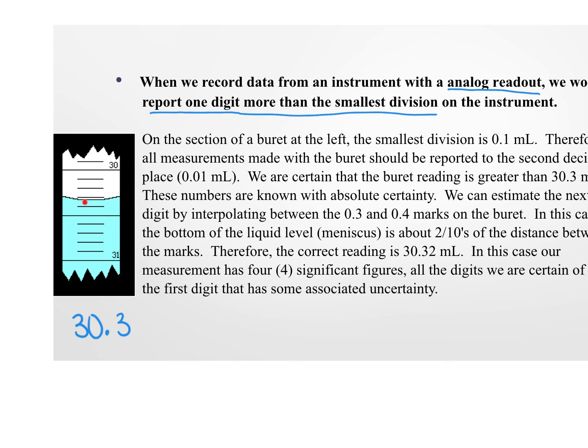If we break this up into tenths, where do you think this line falls? Is it 0.1, 0.2, 0.3, 0.4? Okay, like 0.1 or 0.2, either of those is fine. I would read this as 0.2, so it's 2/10 of the way there. That last digit is my guess. So I would read this as 30.32.